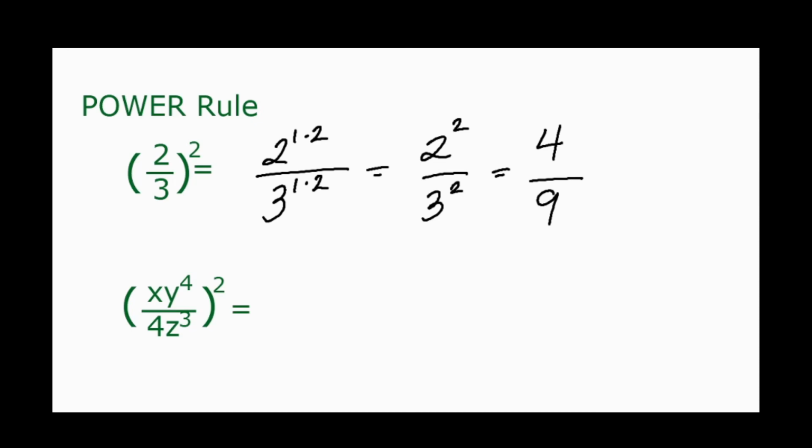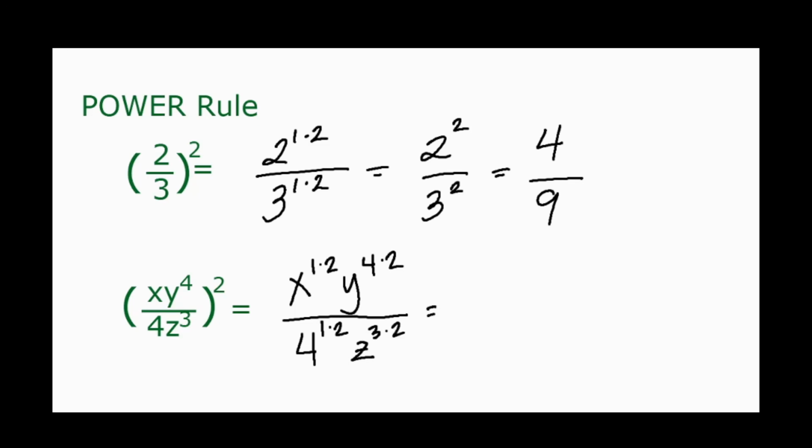It means we have to multiply 2 to the exponents of x, y, 4, and z. So now let's start doing that. We have here x raised to 1 times 2, y raised to 4 times 2, all over 4 raised to 1 times 2, and z raised to 3 times 2.